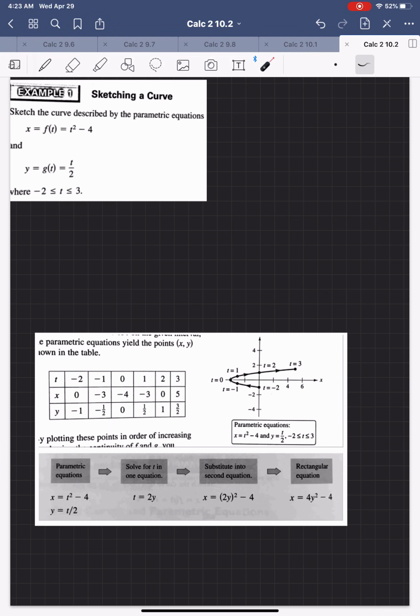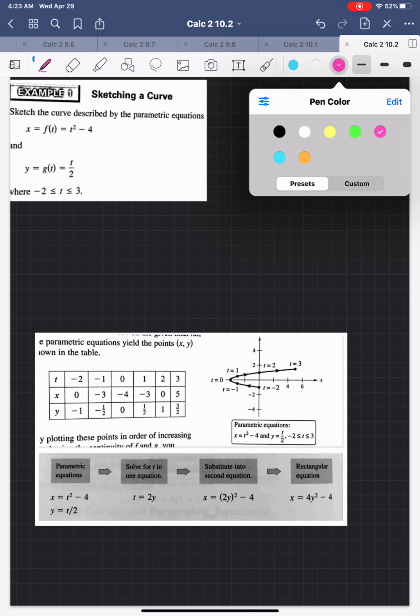So if you want to sketch a parametric curve, sketching is relatively easy, by the way. The harder part is what I'll talk about in just a second, and you'll have to pay attention to it. But let's start with the basics. The question is, let's just sketch the curve, and the curve is described by parametric equations.